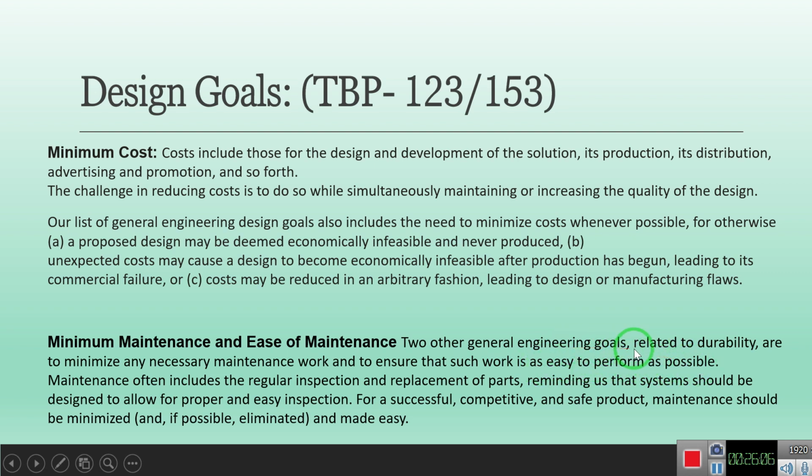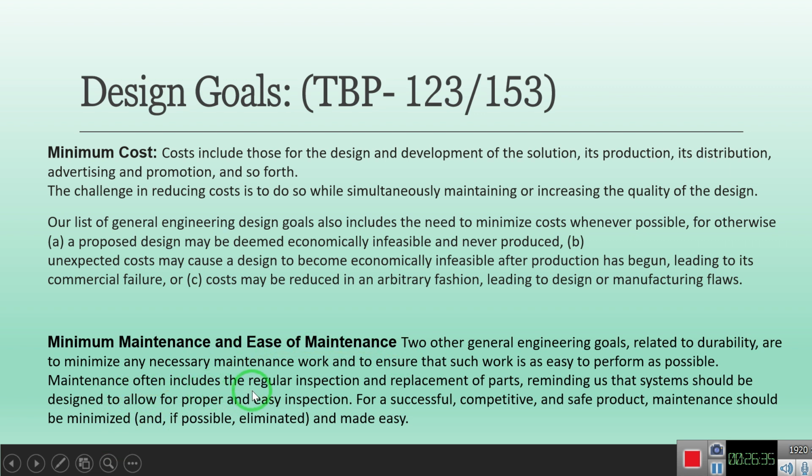To get reliability and durability, and to meet good engineering goals, we have to minimize the maintenance work, and the maintenance work should be easy. It is important. Otherwise, the user will be angry and say, it is not useful for me, it has more maintenance cost, and it's not easy to maintain also.